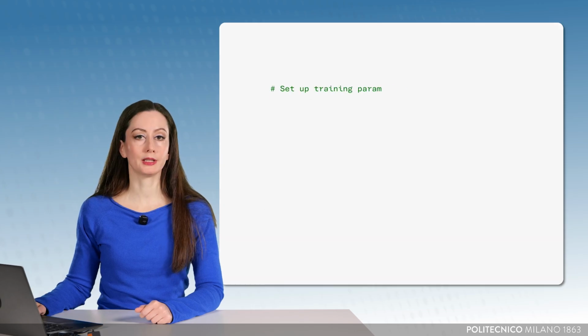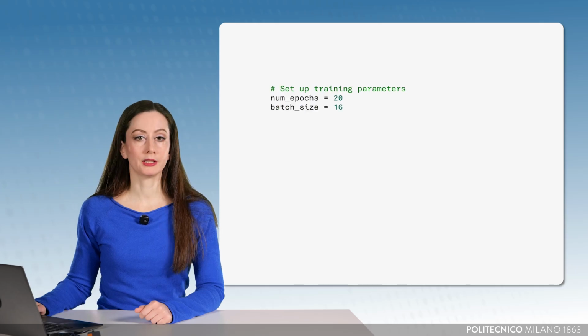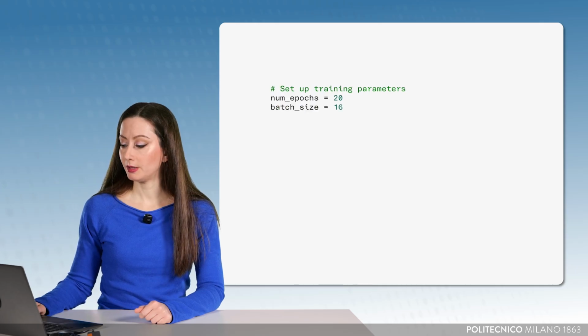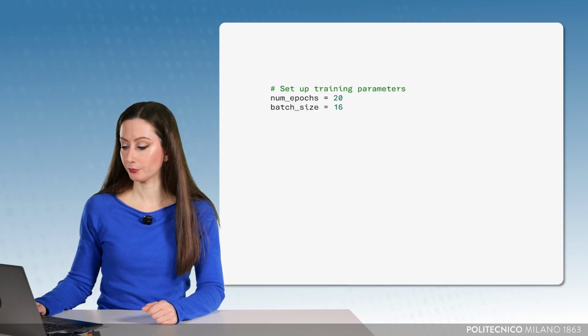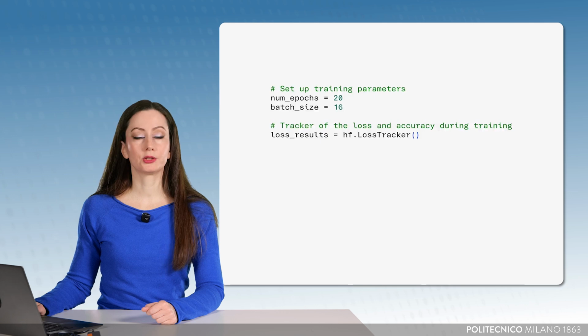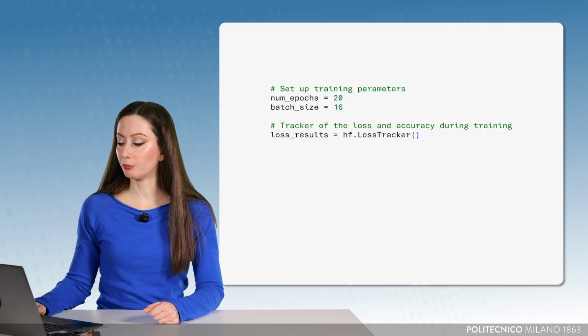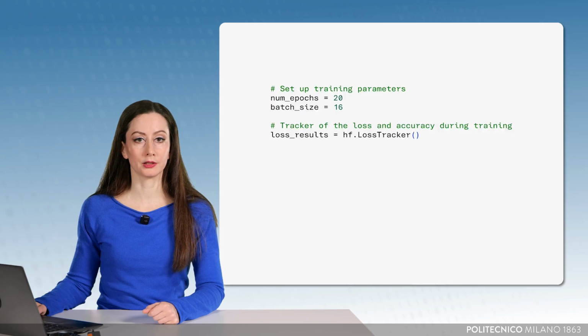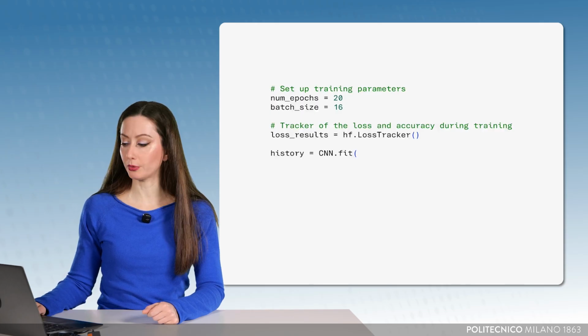And in our case, we set the number of epochs to 20 and the batch size to 16, meaning that the model will update its learnable coefficients by processing 16 examples at a time. We also use the tracking function to monitor how the CNN performance evolved during training. And the fit function finally starts the training process.